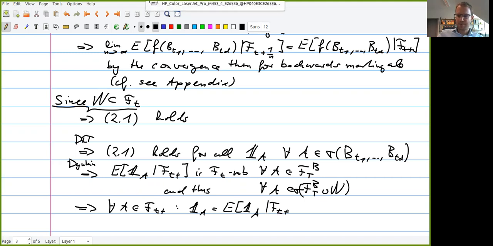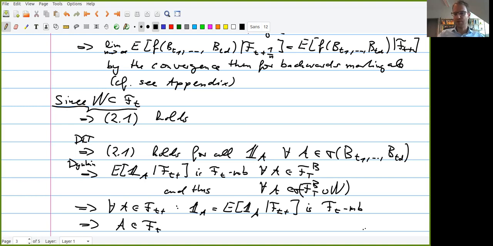But we have shown that this conditional expectation is still F_t measurable. So if we have an indicator function of a set in F_{t+}, it's also F_t measurable, and this means A is in F_t as well.